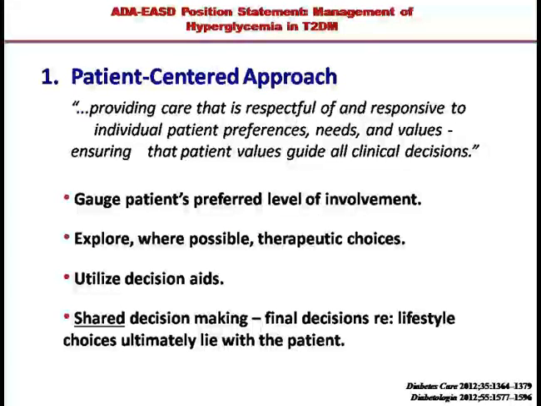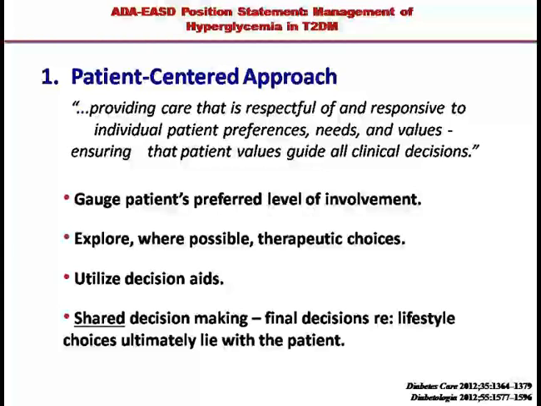Now, the patient-centered approach means that before you start therapy for any individual, you have to know how much involvement of the patient there is, what comorbid conditions the person has, and how serious he is about disease management, and you explore all the possibilities.